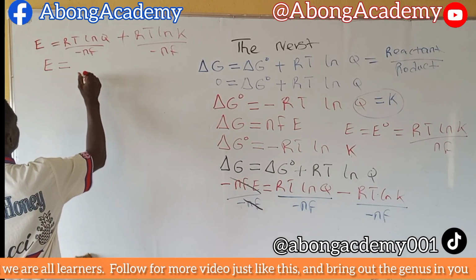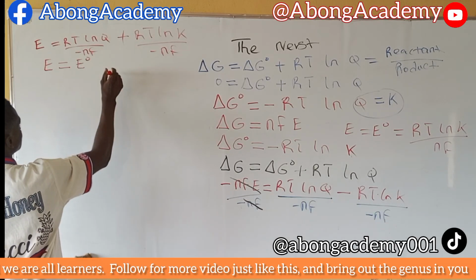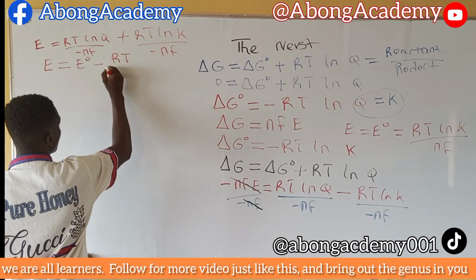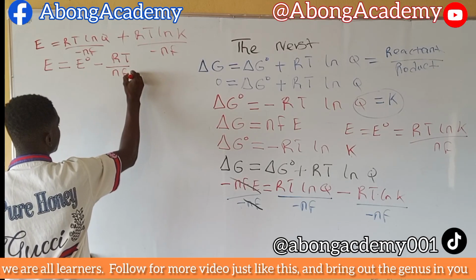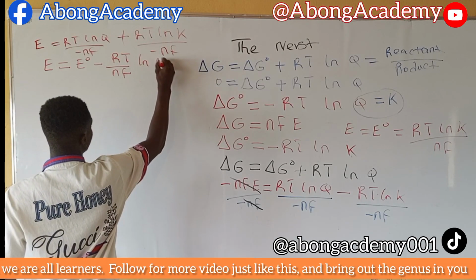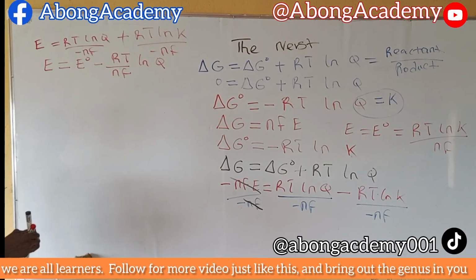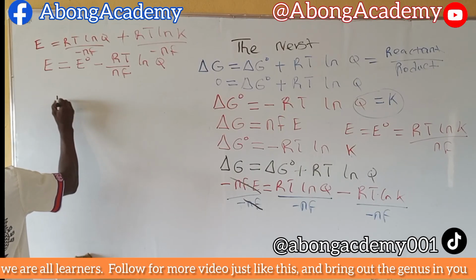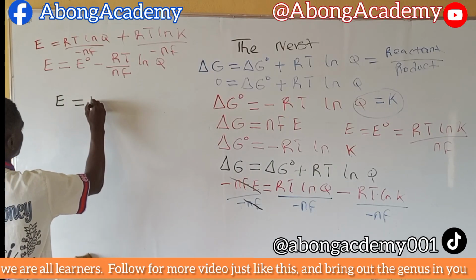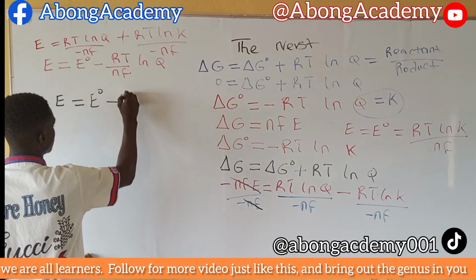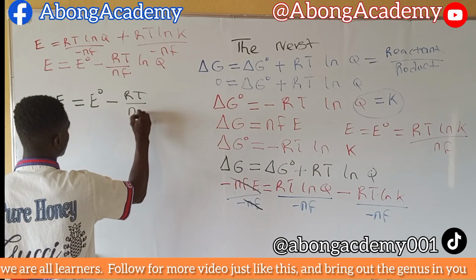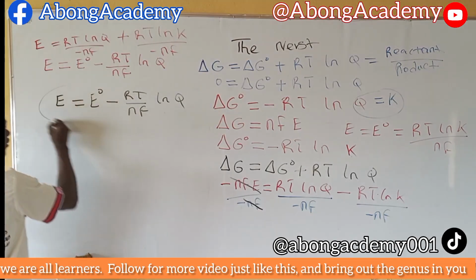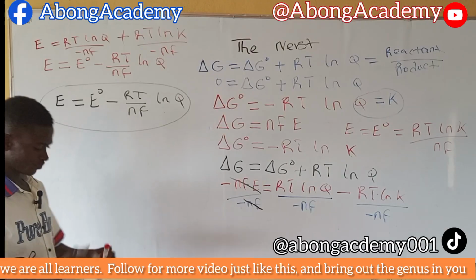And so it will be E standard minus RT all over nF ln Q. And this becomes our next equation. Let me write it bold here.